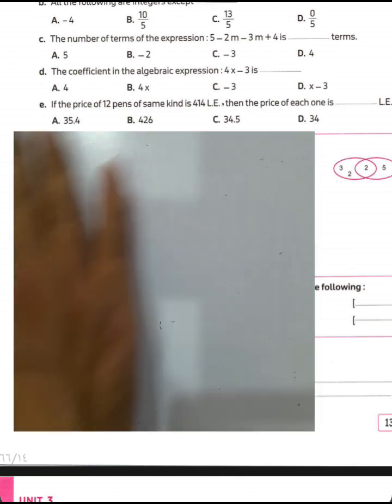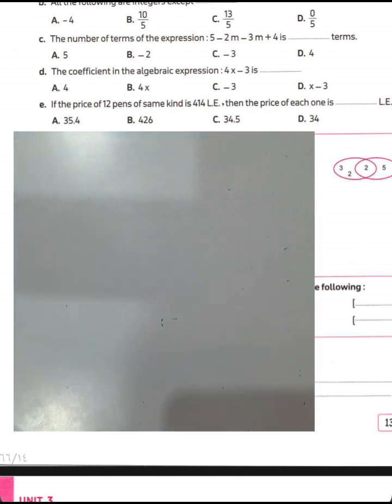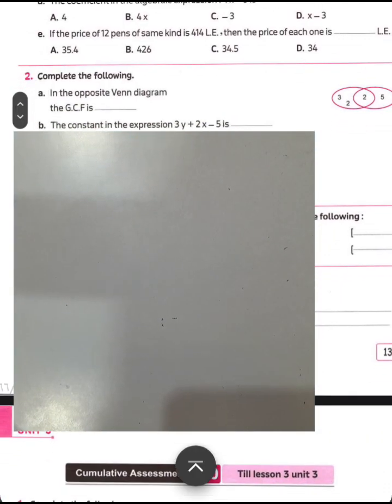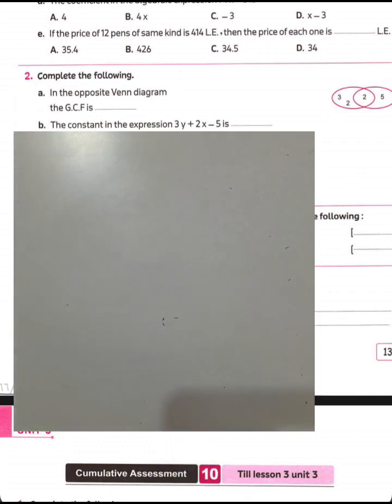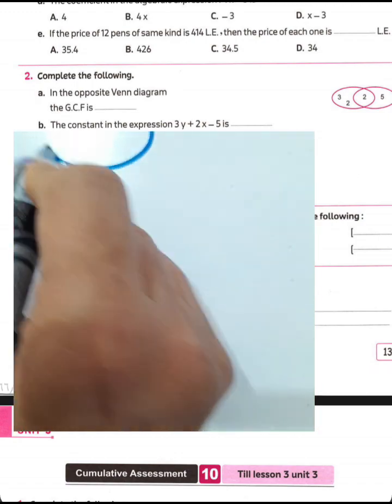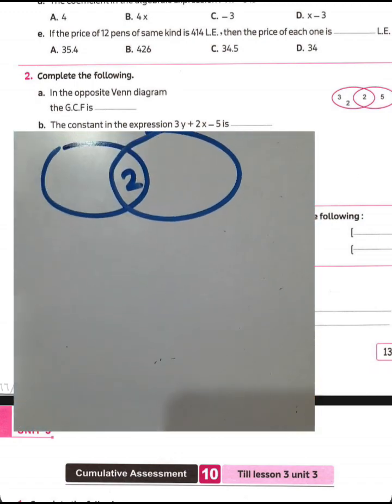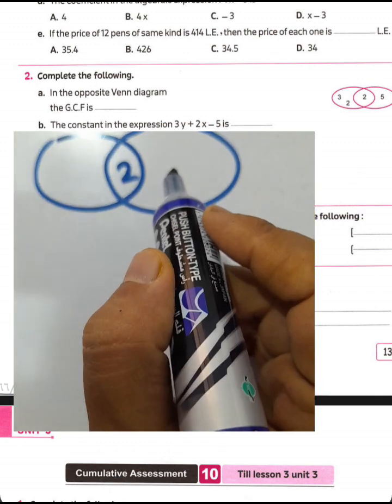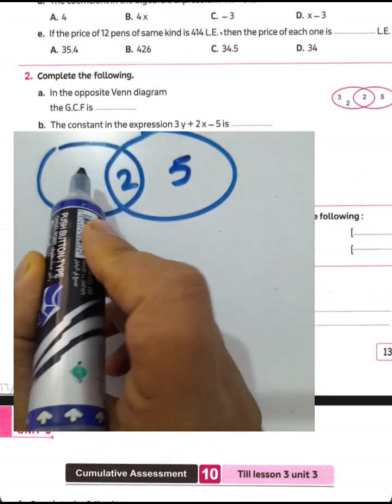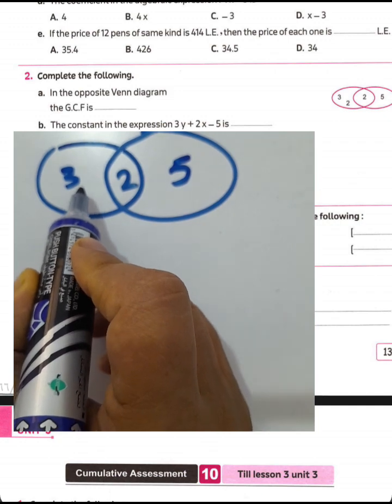Look at the next question with me. In the opposite Venn diagram, the greatest common factor will be 2. We have a Venn diagram here, and write 2 here, and 6, 5, 3, and here 2.